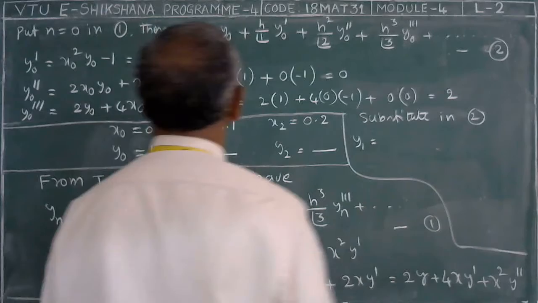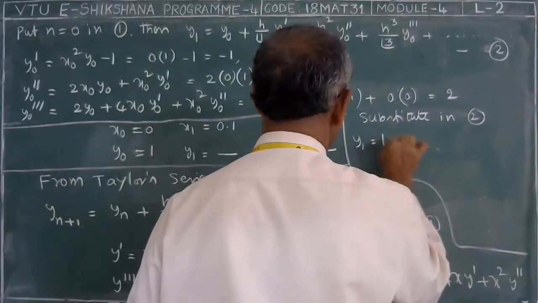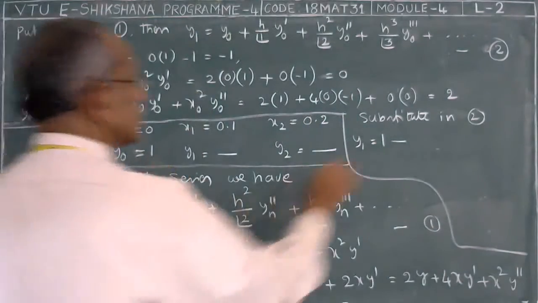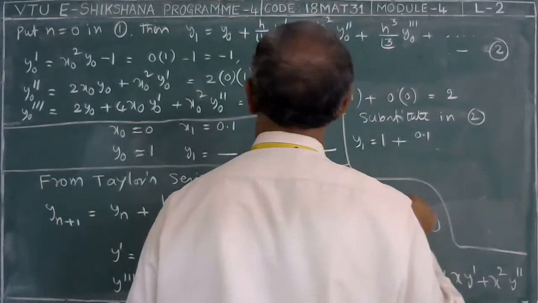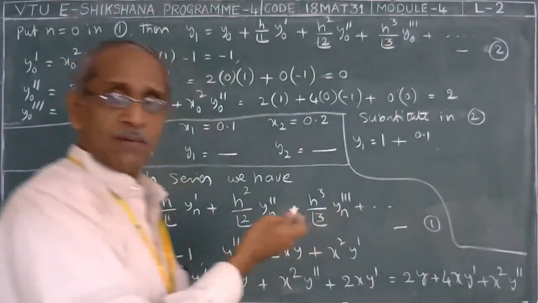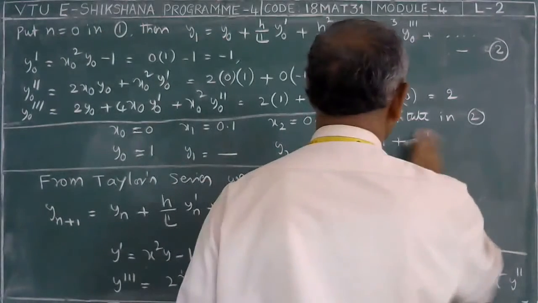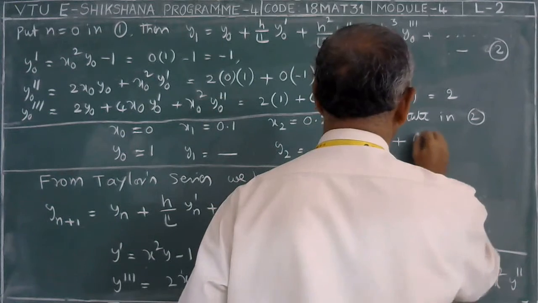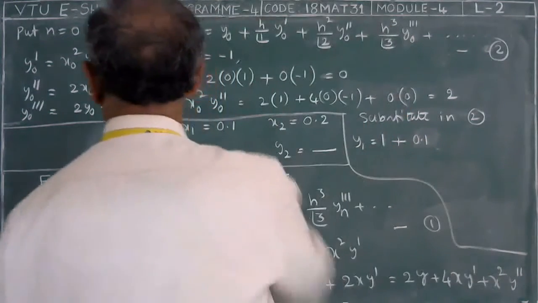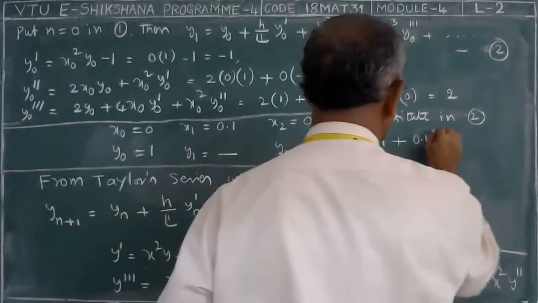Y1 is equal to y naught. Y naught is 1 plus h. H is 0.1. Already I have told you 0.1 divided by factorial 1, that is 1 only. So 0.1, 1 plus 0.1 into y naught dash. Y naught dash is minus 1.